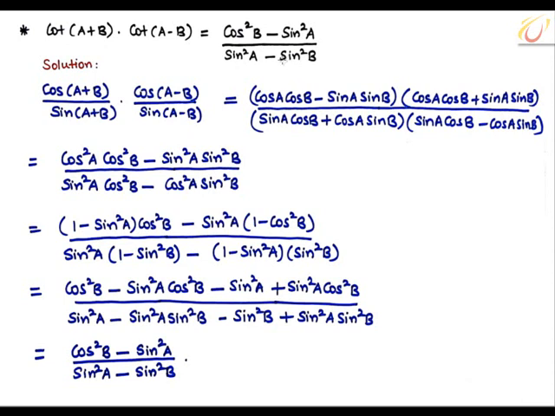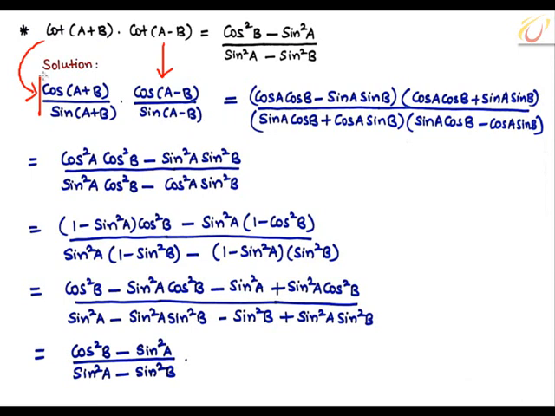So let us look at our left hand side, that is cot(A plus B) multiplied by cot(A minus B). So what do we get here? Can we write cot(A plus B) as cos(A plus B) upon sin(A plus B)? Perfect. Cot(A minus B) as cos(A minus B) upon sin(A minus B)? Perfect.